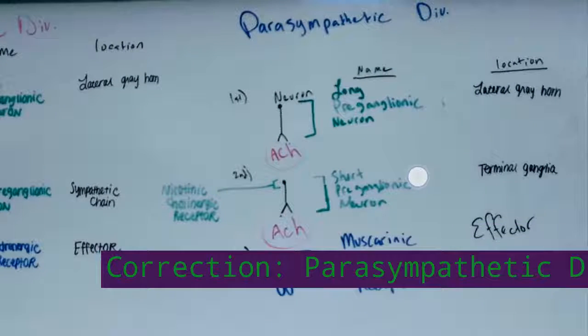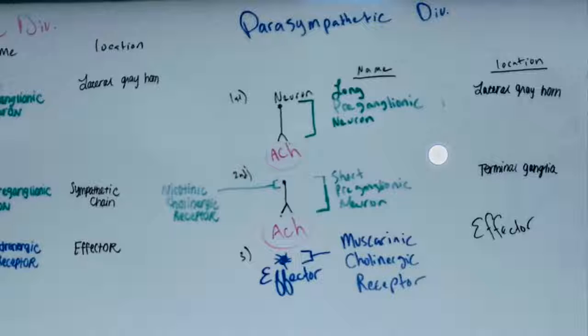For the parasympathetic division, we have the first neuron. It is called the long preganglionic neuron. It is located in the lateral gray horn. It secretes acetylcholine. The second neuron is called the short post-ganglionic neuron. It is located in the terminal ganglia, and the acetylcholine is received at the cell body, which is right here.